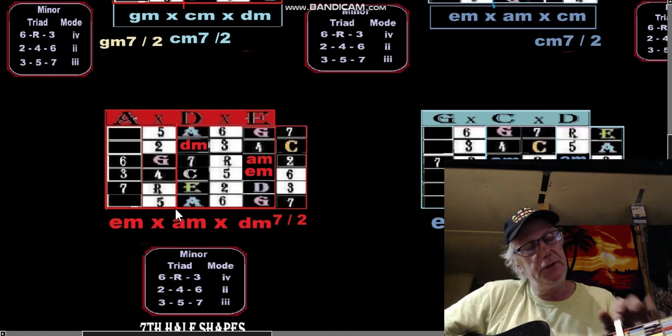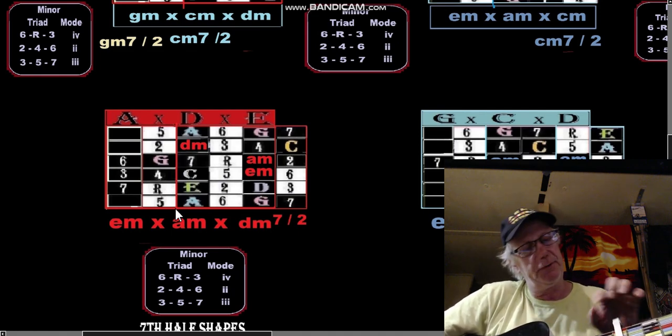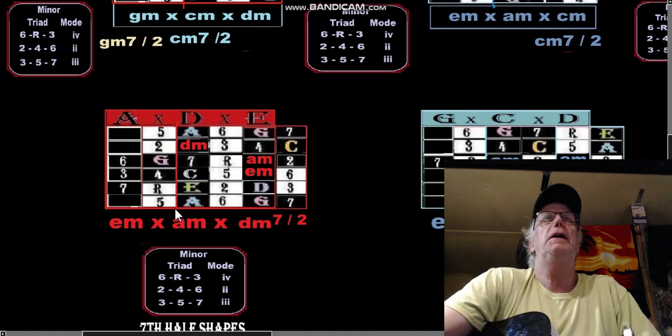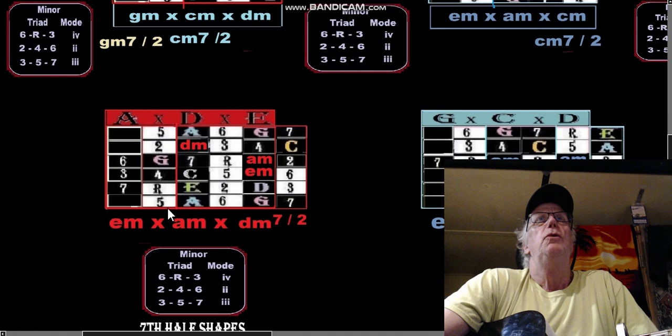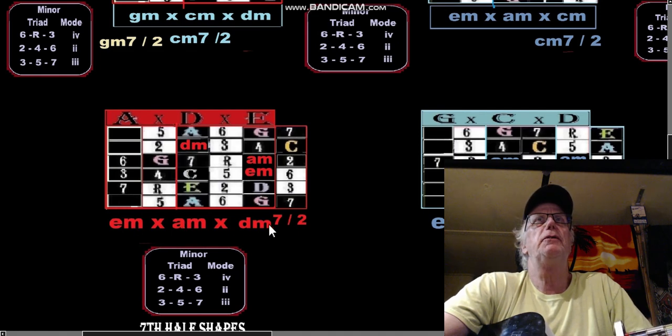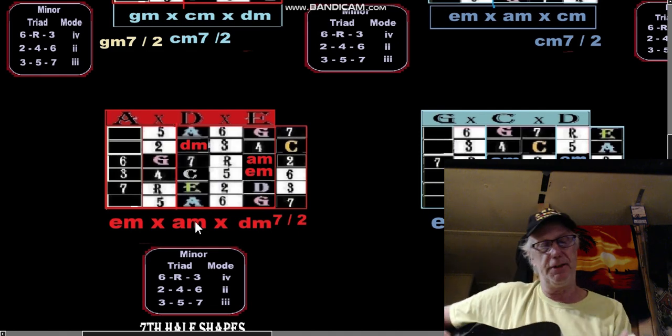By the way, we didn't do that D minor arpeggio that well. We got a little bit up it and got a little confused there. Now we got the bar here. This isn't playable, that's why it's in the black. We've got E minor, A minor, D minor over 2. Now let's just talk about that D minor over 2, because the E minor and the A minor is easy.